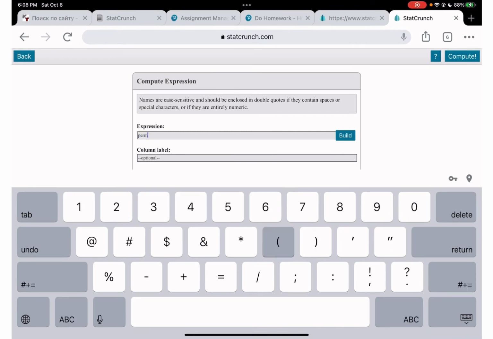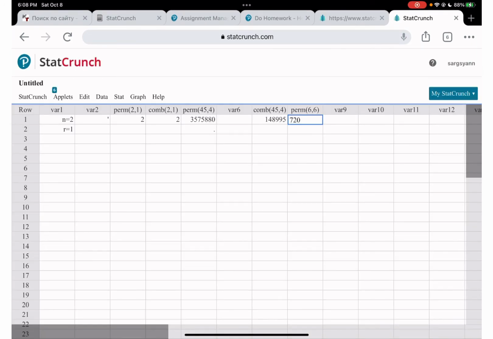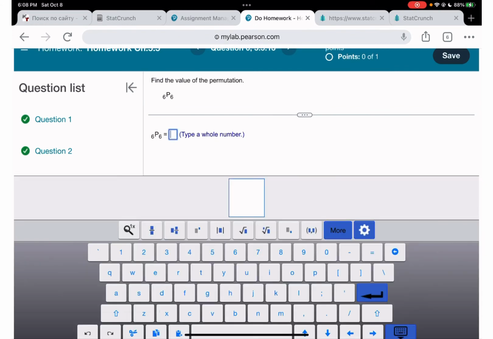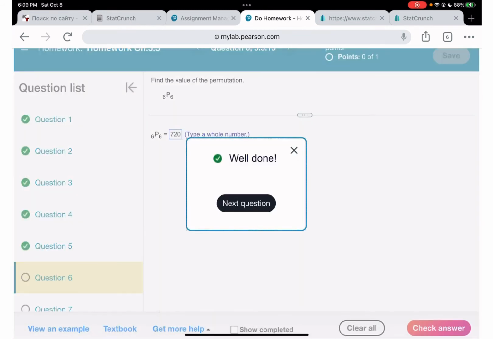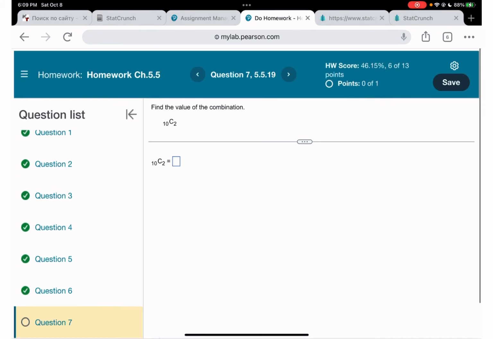Permutation, 6, comma 6. 720. Well done. And we are solving the next one.